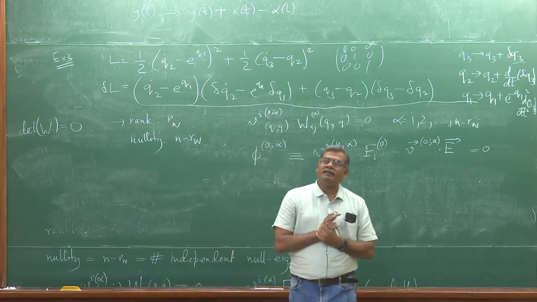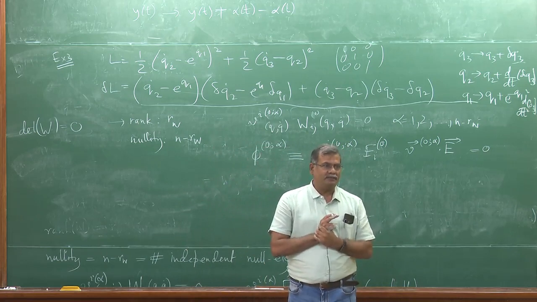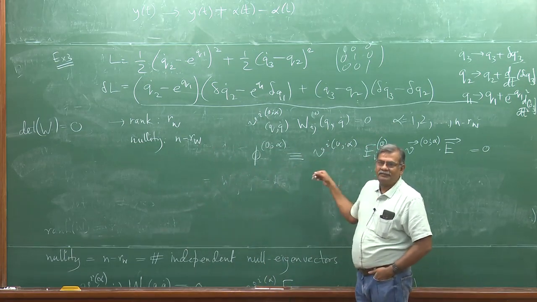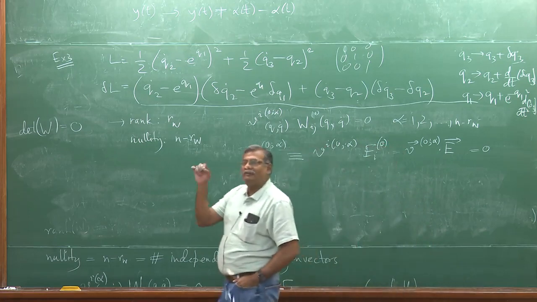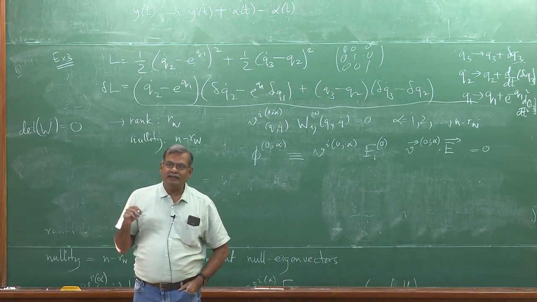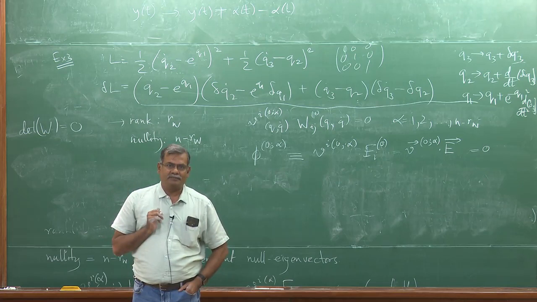So, I have n minus rw a number of independent eigenvectors to start with. But the question is, are these going to be independent? It's still possible. Remember, the V vectors are independent, right? But when you contract them with the E, it might turn out that some of the components may ultimately end up depending on each other.